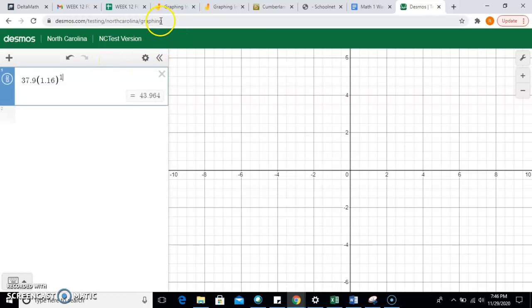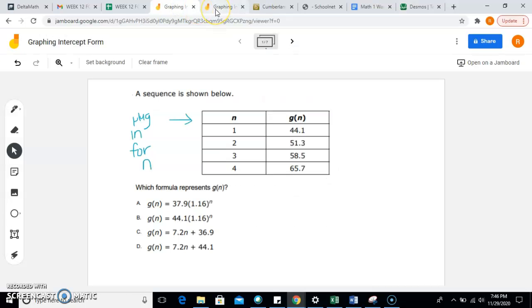So I can see this is giving me 43.964. It needed to be 44.1, so it would not be answer A. So I can get rid of answer A.